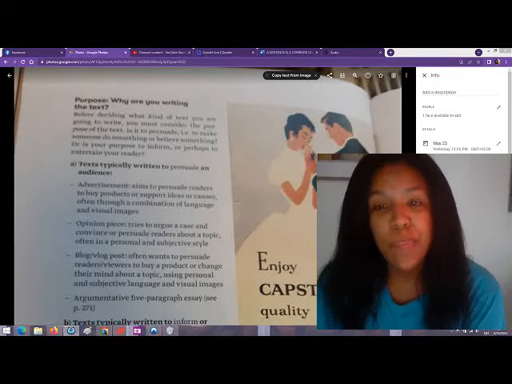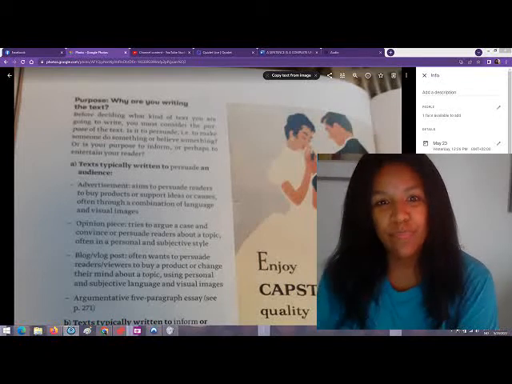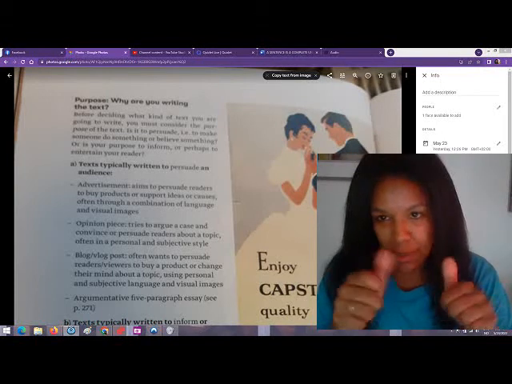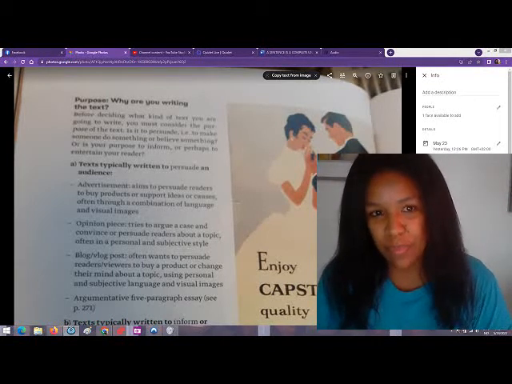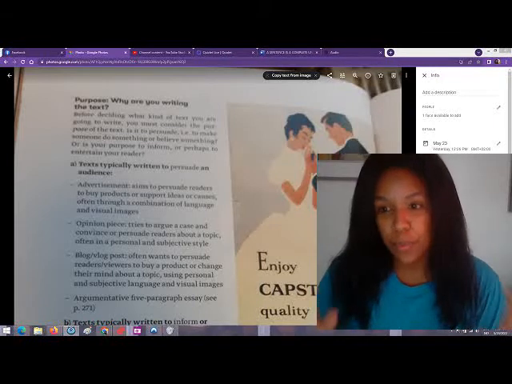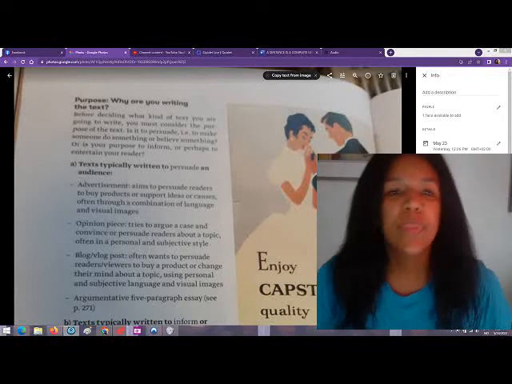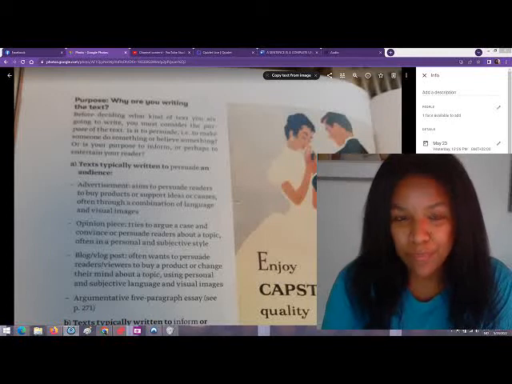We're talking about writing with a purpose. I want people to be, please, very quickly typing in your answers. I'm going to read with you the first bit on the top of the page. Purpose. We talked about purpose before.